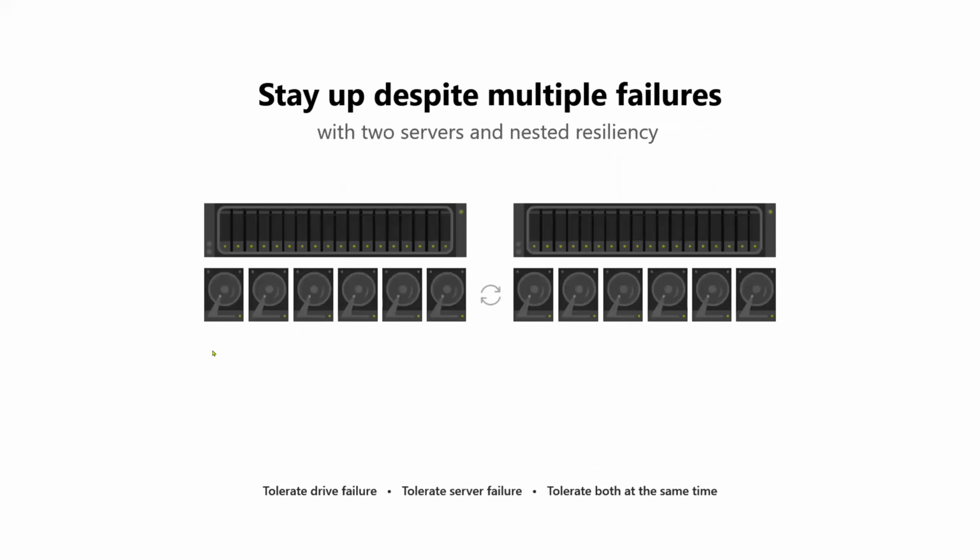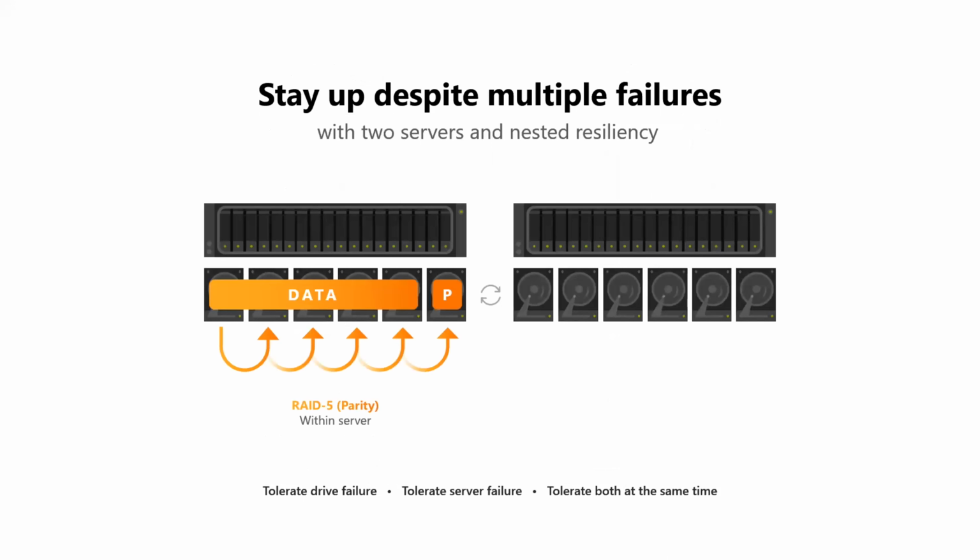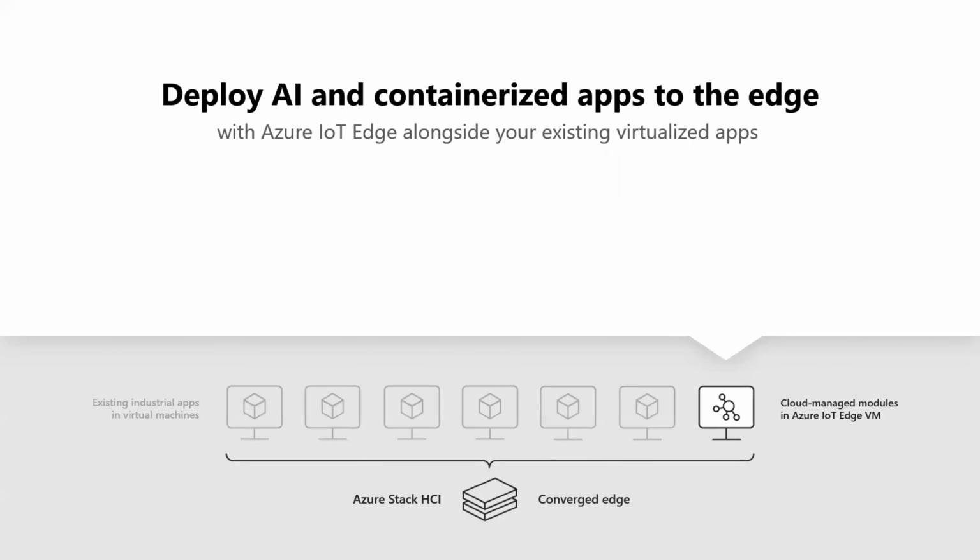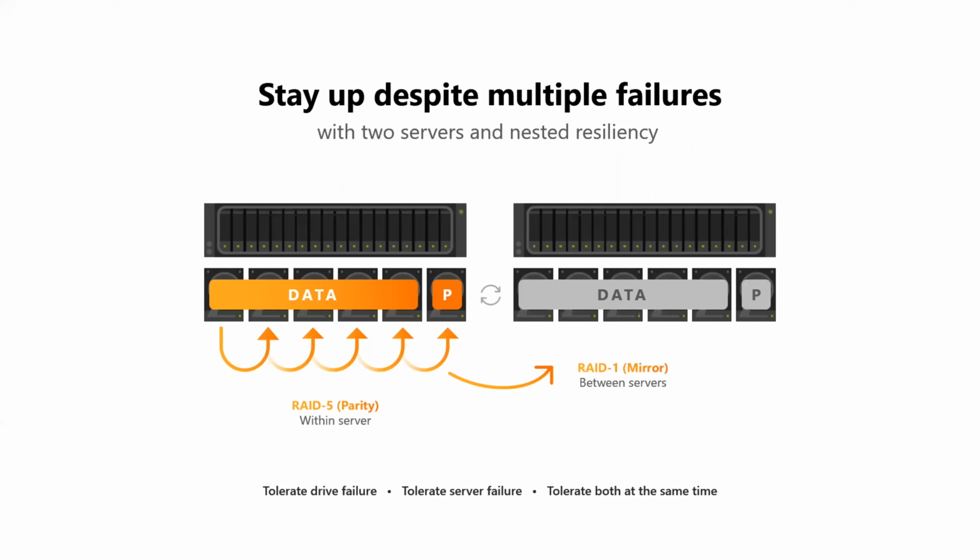Stay up despite multiple failures. Like I mentioned, data is written across multiple disks depending on number of nodes. And if something happens, you continue to operate. Your VM can move from one node to another, and data is available with RAID 5 parity and RAID 1 mirroring between servers.